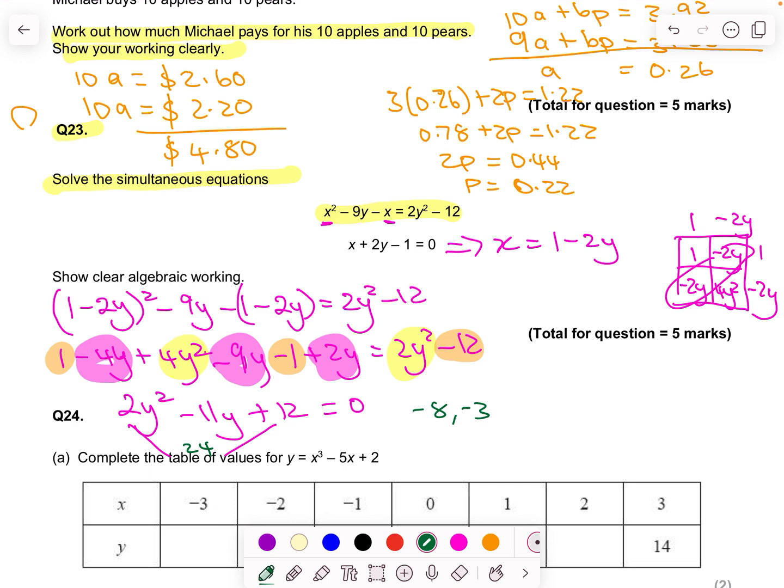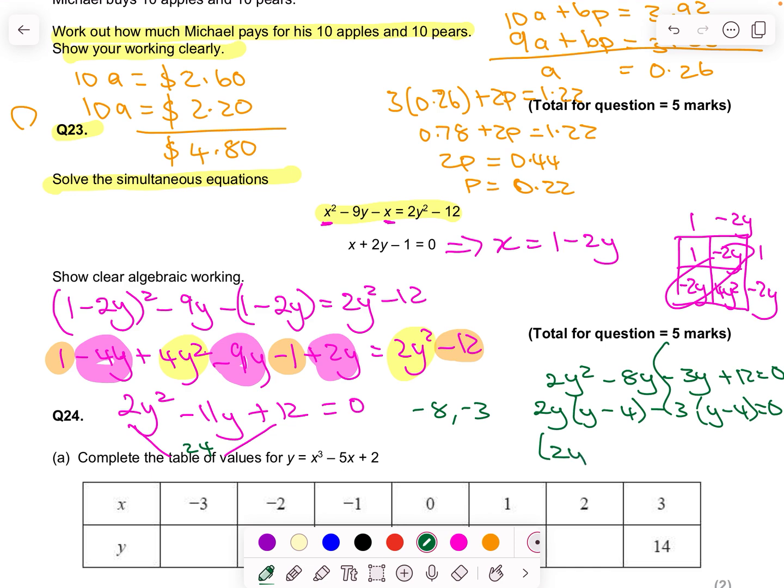Let's write them out. So 2y squared minus 8y minus 3y plus 12 equals 0. Squiggly line down the middle, factorise, take out the 2y, and I get y minus 4. Take away 3 is the biggest number that goes into 3 and 12, so I take out the 3, and I've got y minus 4 again on this side equals 0.